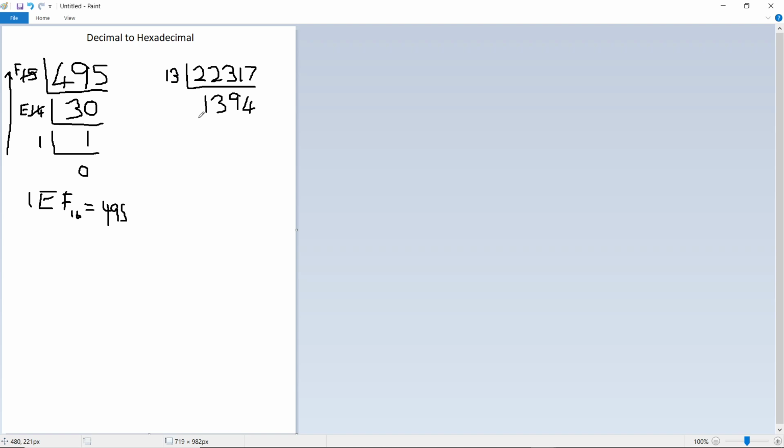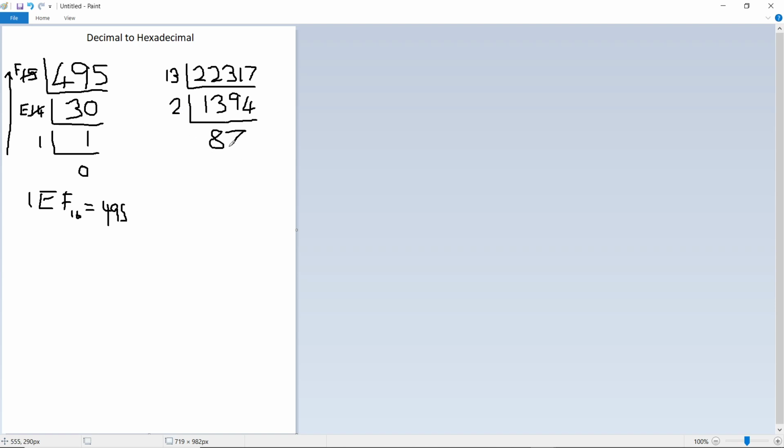Okay, you should be able to calculate these remainders. This is primary school maths we're doing here. You've done dividing and remainders. You've done that, I think, since probably grade 4. So 1394 divided by 16 gives me 87. And this time I've got a remainder of 2.